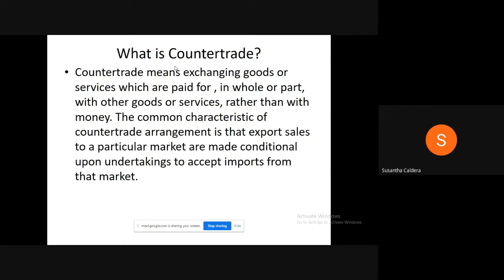When we are doing some exports, we are selling our exports, sending the goods to another country, and there's an undertaking to accept imports from that market, for the same value.